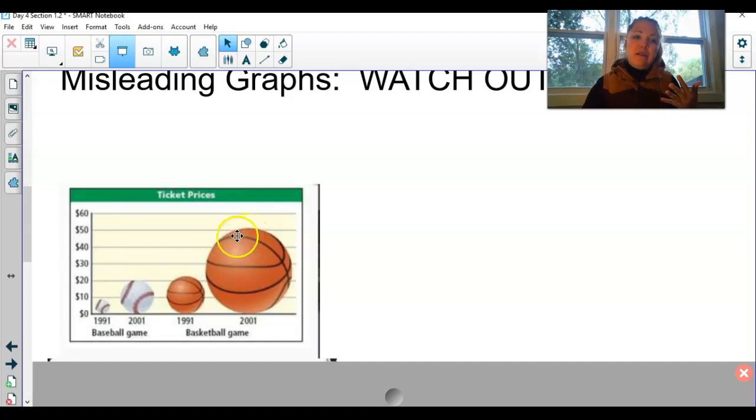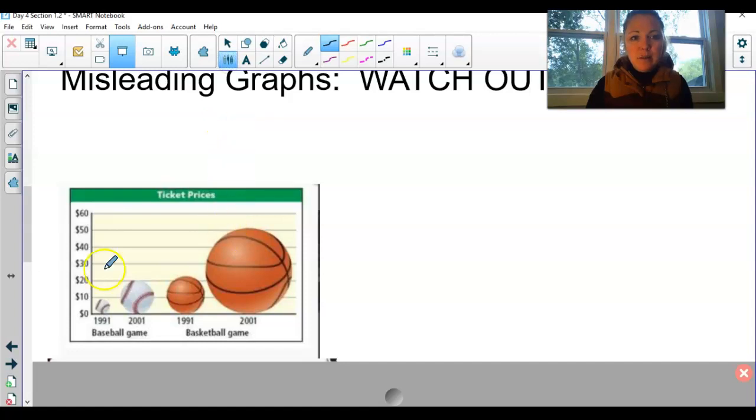So a bigger increase. But here's the deal with a picture graph. This was someone's attempt to be cute and creative, which I give them credit for, right? Like that's great. However, the issue is, and let me use my mouse, so it's going to look a little bit sloppy here because I'm using my mouse. If I did a bar graph instead, I would go like this. Now with a bar graph, right, you want to keep the widths of your bar the same when you're doing it by hand, okay?